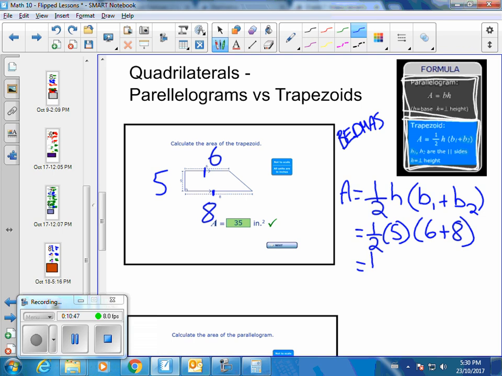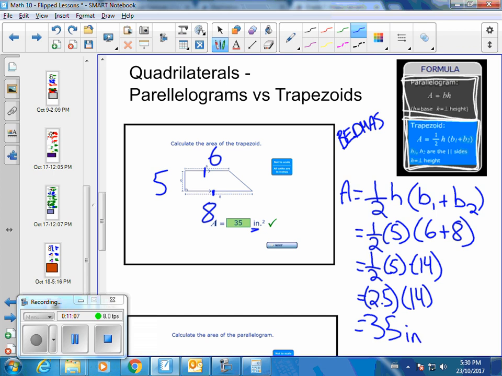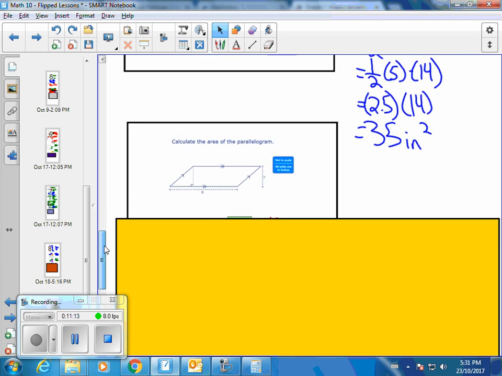So 1/2 of 5 times 14. 2.5 times 14 gives us 35. And it looks like they're giving us a unit of inches. So we have inches squared. Okay. Now let's move on to parallelograms.